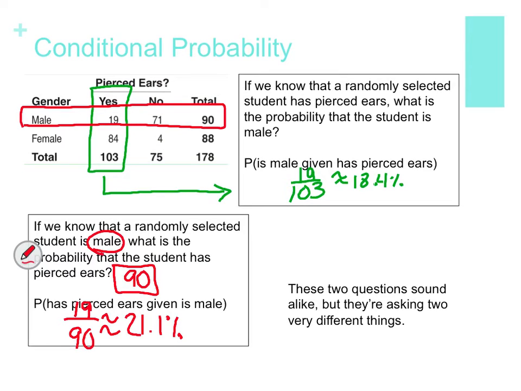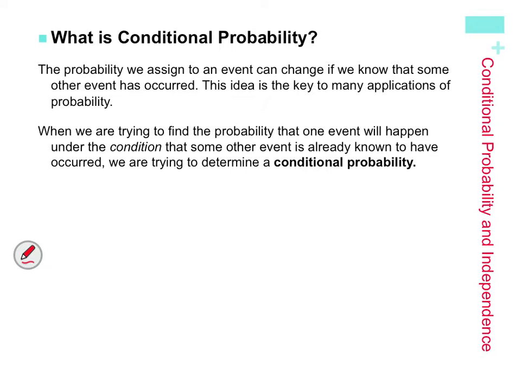Where it seems like I was asking you the same question, they are really quite different. A probability like the probability that a randomly selected student is male given that the student has pierced ears, that's known as a conditional probability. The name comes from the fact that we are trying to find the probability that one event will happen under the condition that some other event is already known to have occurred.